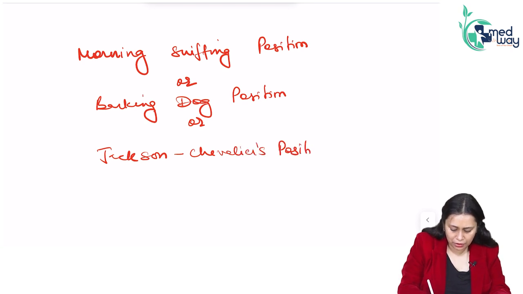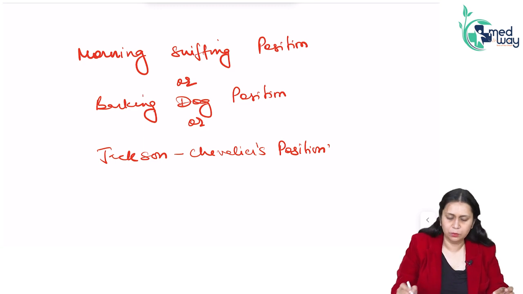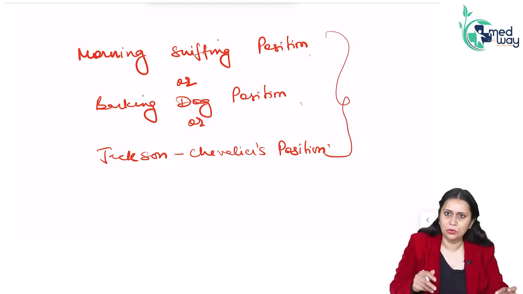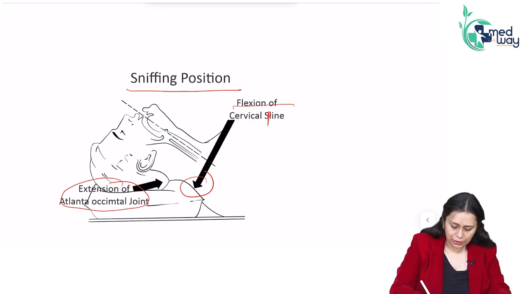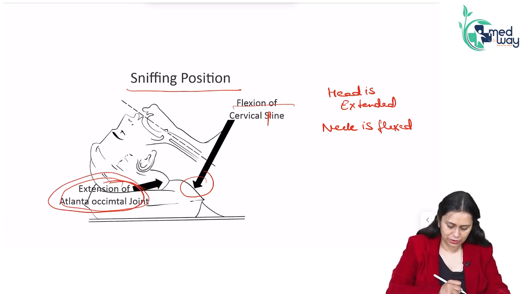Jackson Chevalier was the first person to design the laryngoscope. He came up with the concept of laryngoscope, so on his name this position is also described. So morning sniffing, barking dog, or Jackson Chevalier's position is the position of laryngoscopy. In this position, head is extended and neck is flexed. Cervical spine is flexed, atlanto-occipital joint is extended.